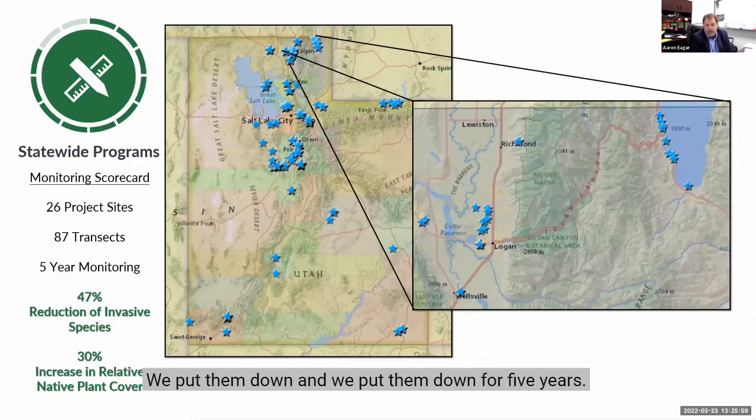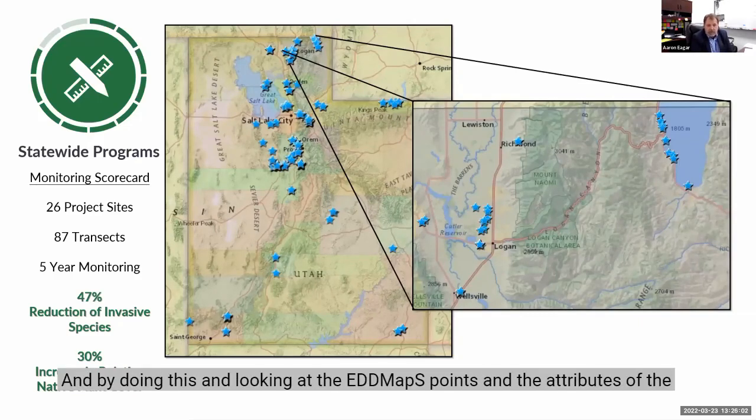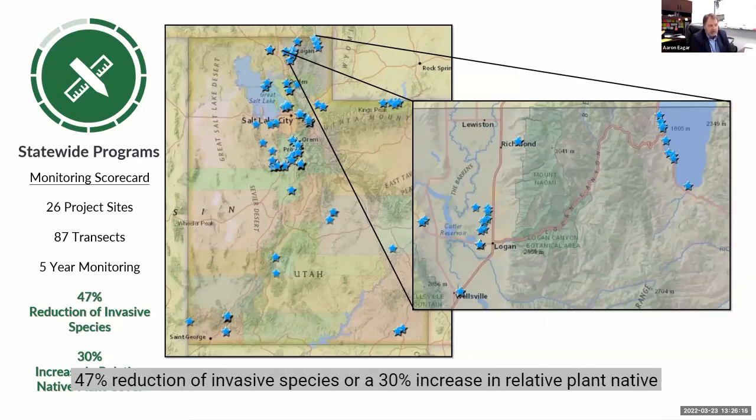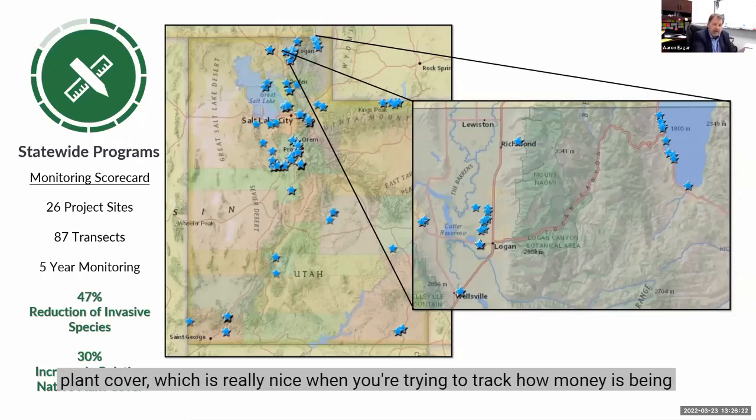We put them down, and we put them down for 5 years. By looking at the EDDMapS points and their attributes, plus what we're gathering from our monitoring transects, we are at the point where we can start saying statewide that we're looking at a 47% reduction of invasive species or a 30% increase in relative native plant cover.